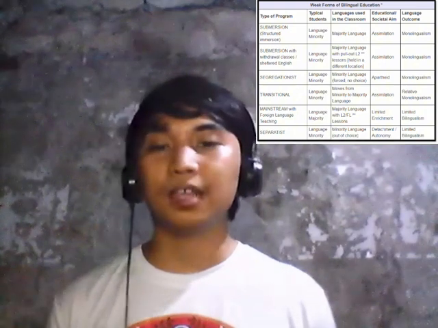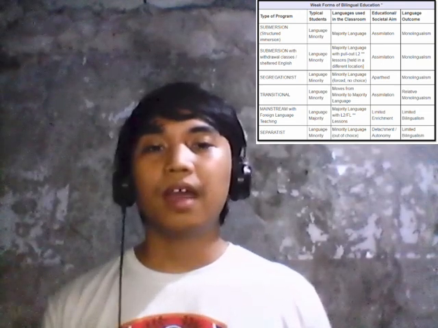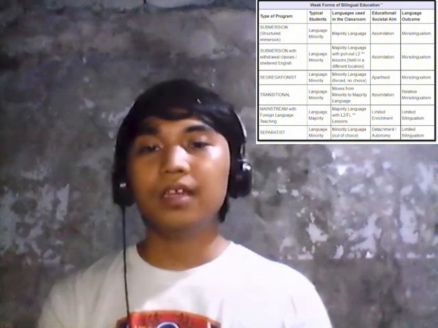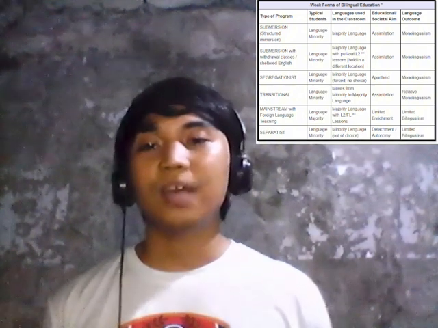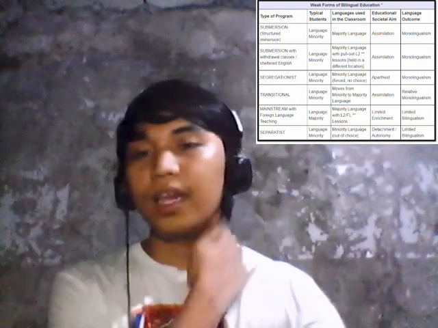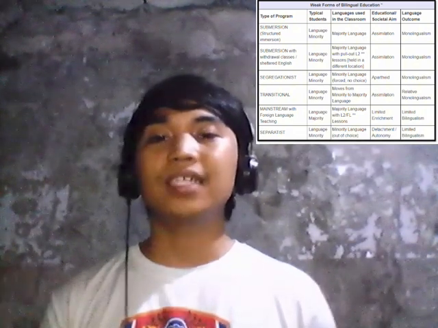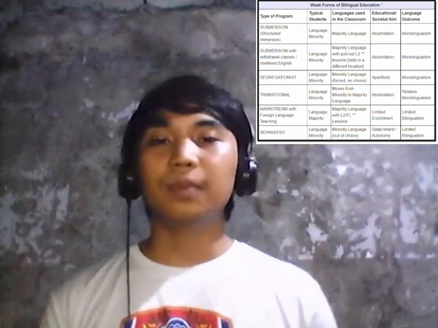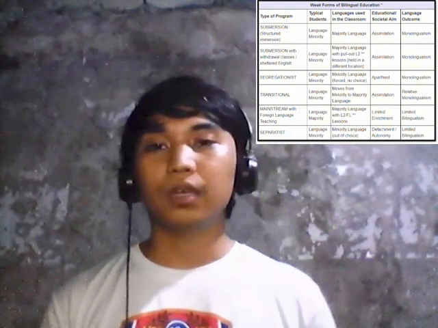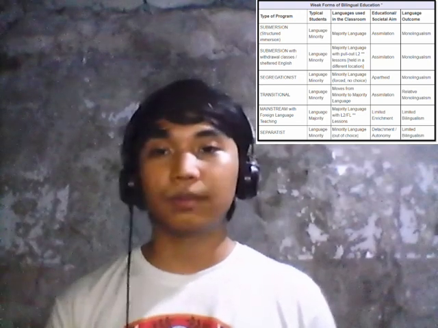Languages used in the classroom: majority language with L2 or foreign language lessons. Educational or societal aim: limited enrichment. Language outcome: limited bilingualism. Example: in the United States, an English-speaking student might take Spanish or French classes a few times a week, but the primary language of instruction remains English.